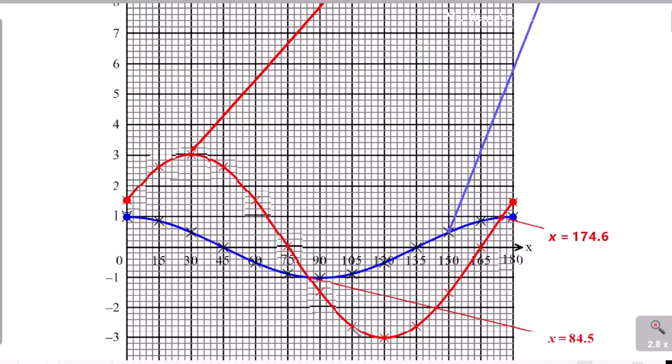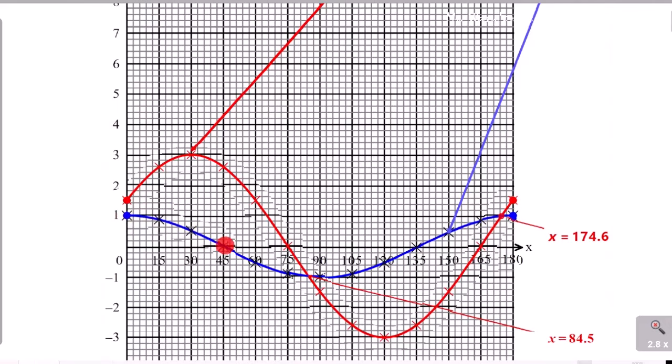Plot everything correctly. And then make sure you join all these values using a smooth curve. You may not have exactly the curve that you're seeing there, because yours will be handwritten, but at least you're supposed to ensure that it is smooth.